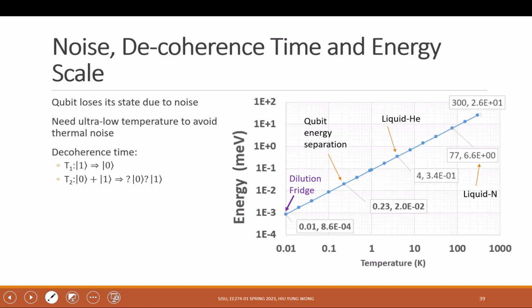Otherwise, your thermal noise is larger than your qubit separation. You don't even know which state it is in. And they can lose their information quickly, and that's why there are different types of decoherence time, T1 and T2. T2 is called dephasing. We will cover this in detail also in this class.